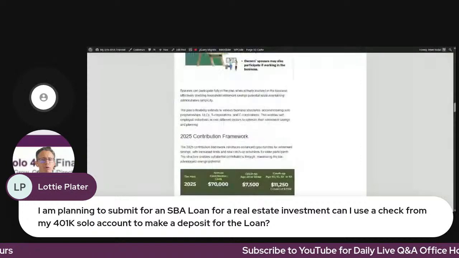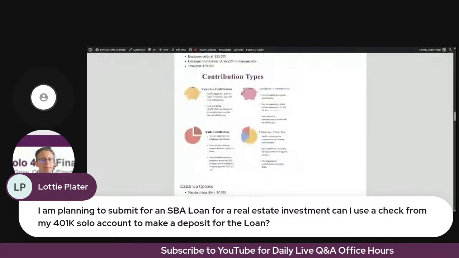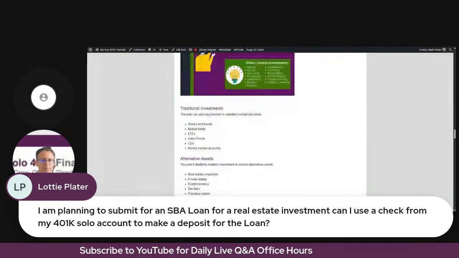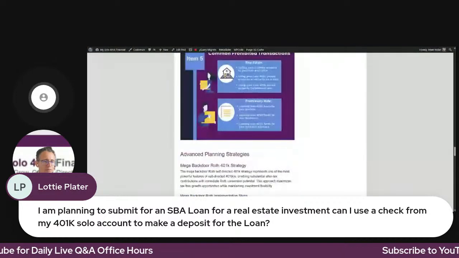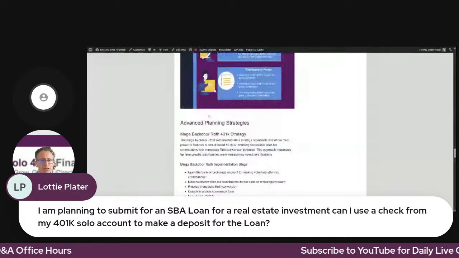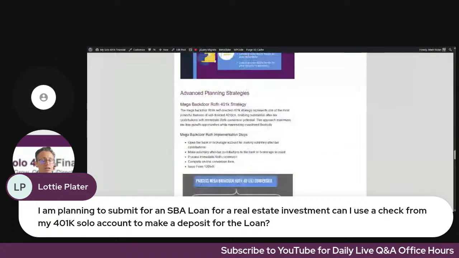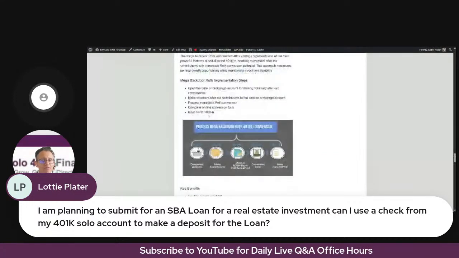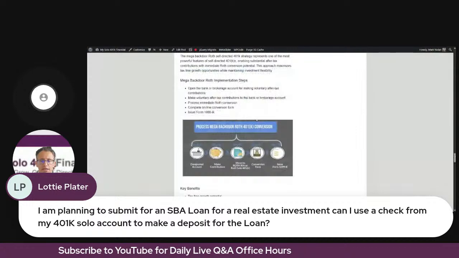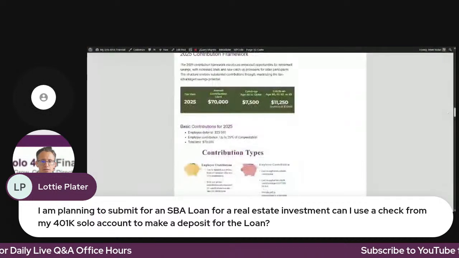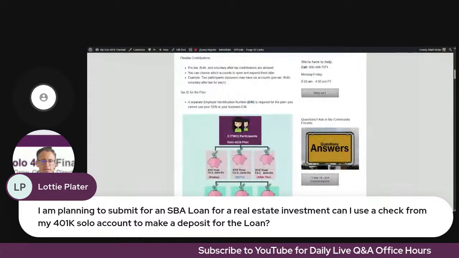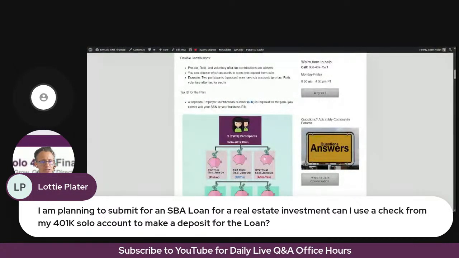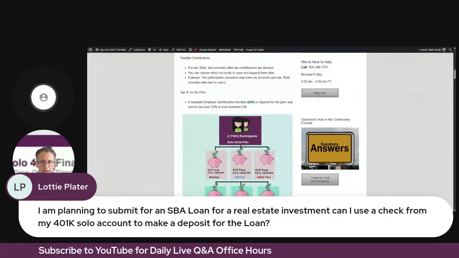Another big feature of the self-directed solo 401k from a self-employed 401k option perspective is the voluntary after-tax solo 401k contributions as part of the mega backdoor Roth option. That's where you can make your entire overall contribution limit for the year to the voluntary after-tax solo 401k bucket. So this bucket right here, the voluntary after-tax bucket, and then you can immediately convert it to the Roth solo 401k or a Roth IRA.